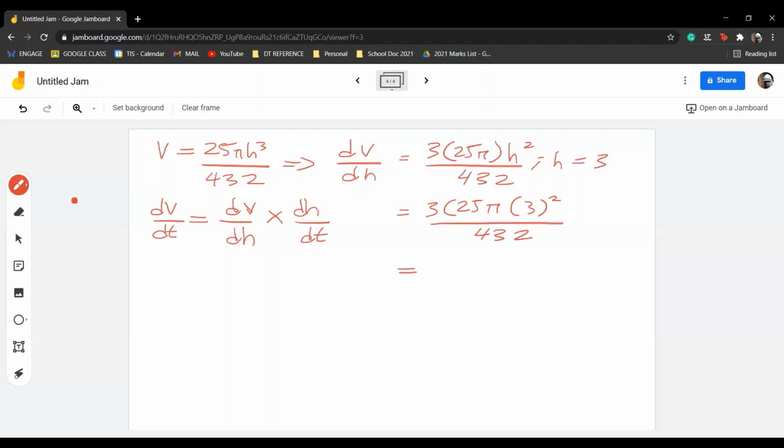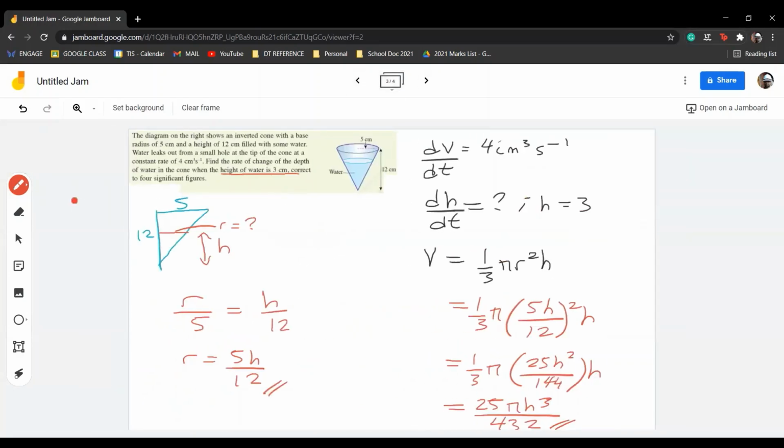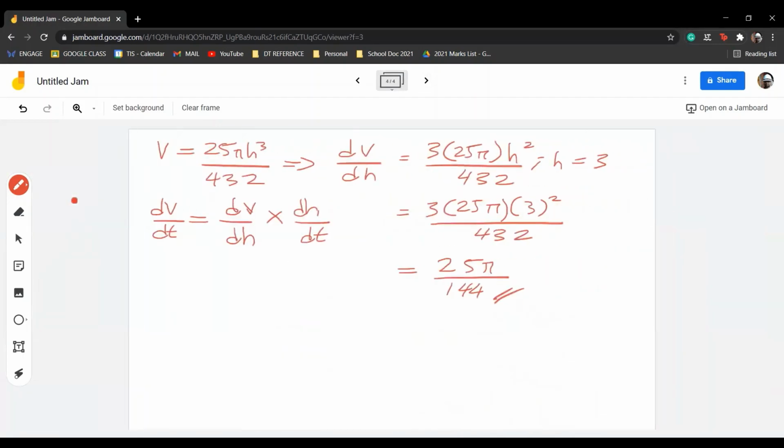Just punch it into the calculator, and the value you will get is 25 pi over 144. So we solved our dV/dh. We have our dV/dt as 4 centimeter cube, so 4 equals 25 pi over 144 times dh over dt.